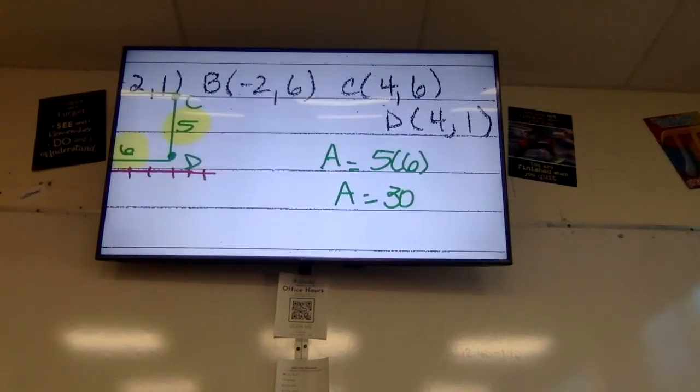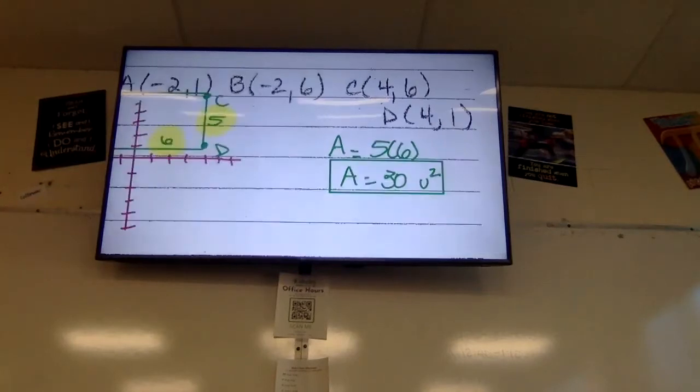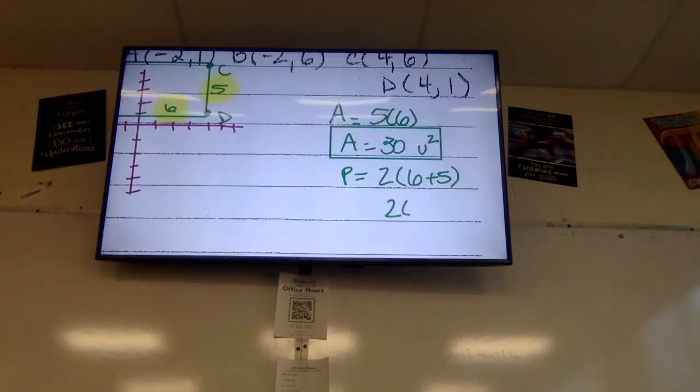Since we don't know exactly how long it is, we're going to throw a little U for units, and area is always units squared. And then perimeter is going to be 2 times 6 plus 5, or 2 times 6 plus 2 times 5, and that's going to be 2 times 11, which is going to be 22, which is just normal units.